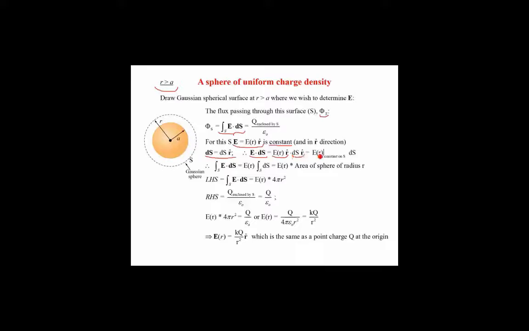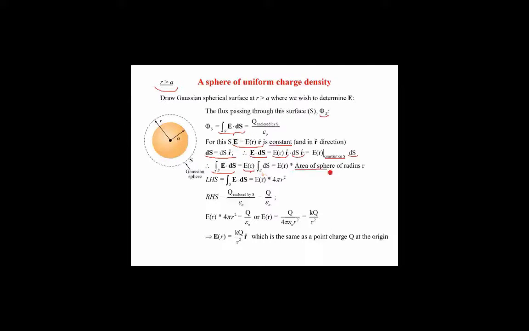So we're left with scalars, E of r, which is constant on the surface for a constant r, times ds. So the flux integral is equal to E sub r, which is constant on that surface so we can bring it outside the integral, times the integral of ds over s.